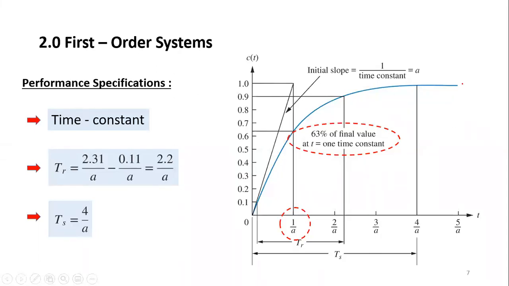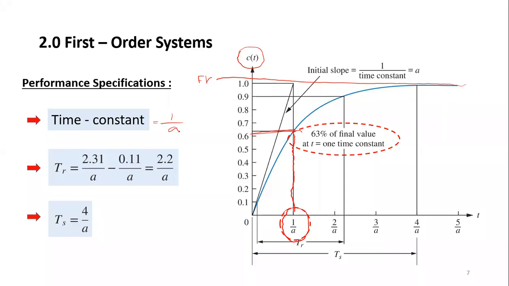So I put FV here. This is the time that we call the time constant. Mathematically, the time constant is equal to 1 over a.